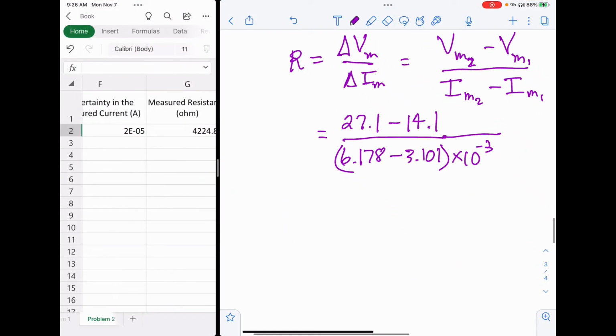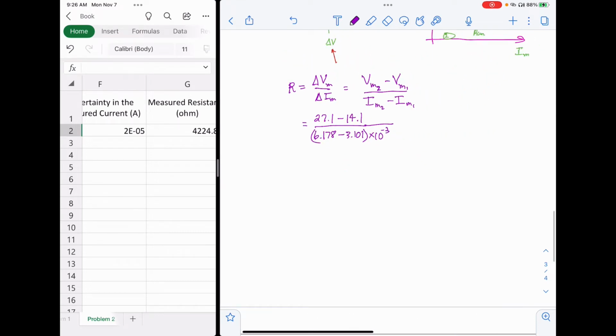So how are we going to treat this? Well, again, we are using the same idea that we used before, and actually it's a little bit different.